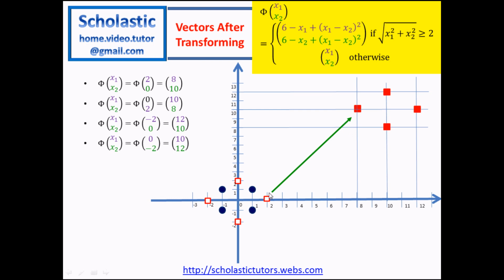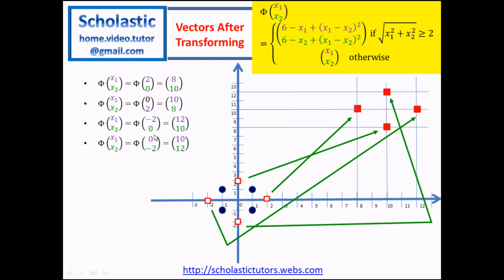Now we have this point moved to another point here. Similarly, the (0, 2) point is transformed to (10, 8) in the coordinates, and the point (-2, 0) goes to (12, 10). The last point, (0, -2), goes to (10, 12).